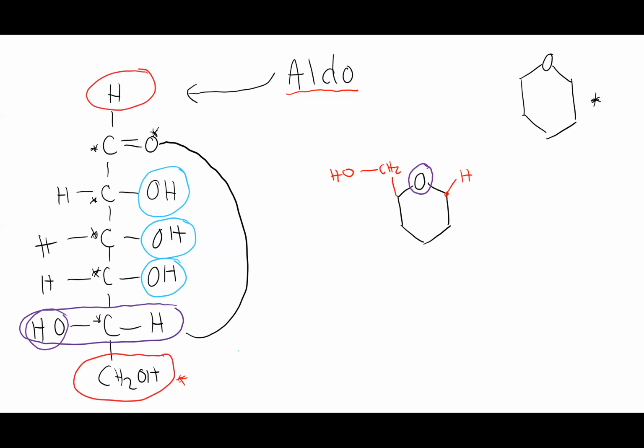So if we knock this down from being all on the right, you'll see that these OH groups are all going to face down. So our end will look like this, all of them facing down.